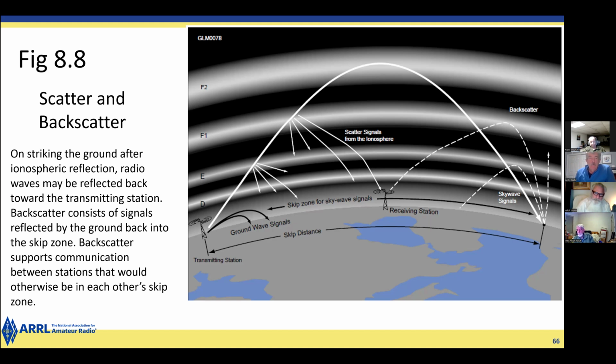And sometimes the signals that reach the ground at the first hop distance will be scattered backwards and refract through the ionosphere back in the direction that they originally came from. So, in other words, sometimes you'll be able to hear signals in the skip zone due to scattering.